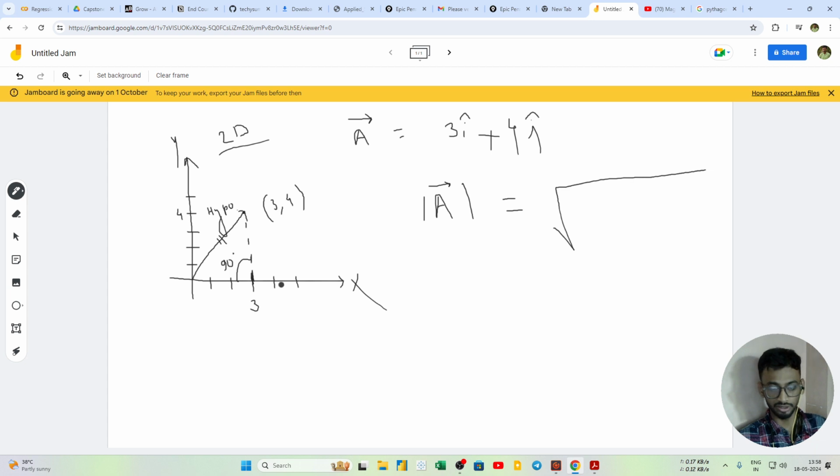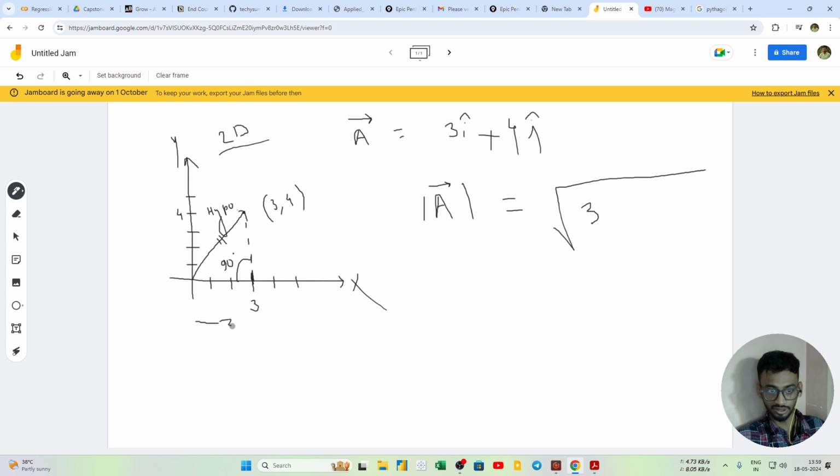The Pythagorean theorem says that the hypotenuse squared is equal to the sum of squares of the other sides. So this is the base and this is the altitude. So we can derive the magnitude in this way.